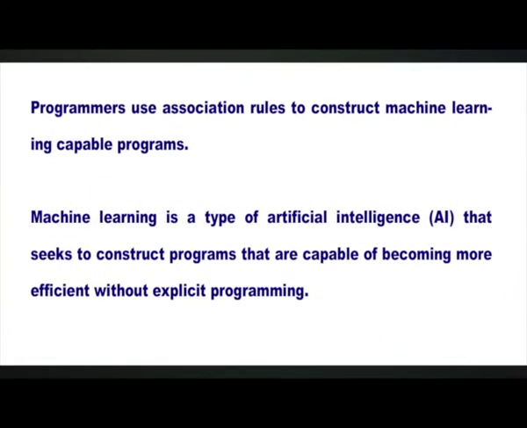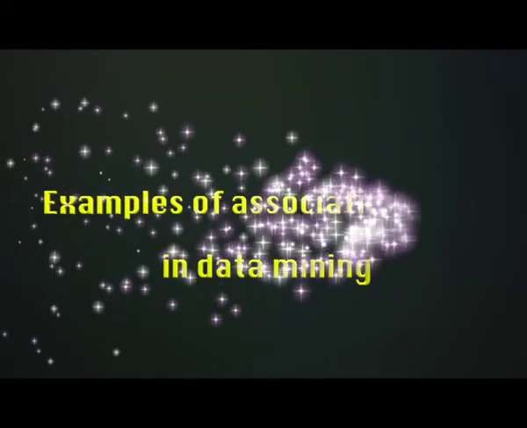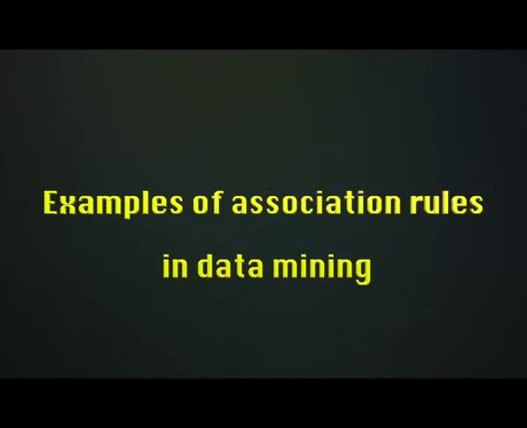Programmers use association rules to construct machine learning capable programs. Machine learning is a type of artificial intelligence that seeks to construct programs that are capable of becoming more efficient without explicit programming. What are the examples of association rules in data mining?